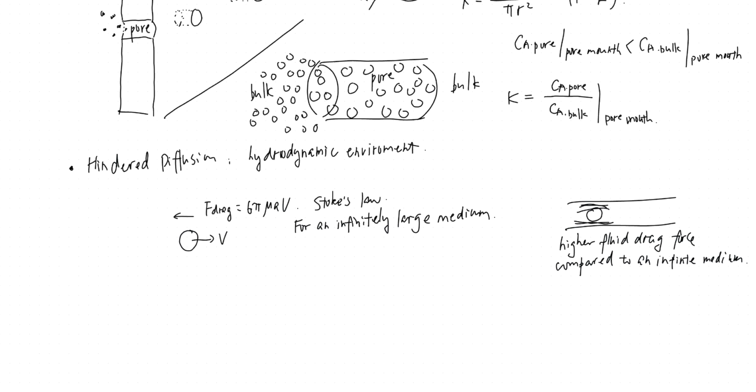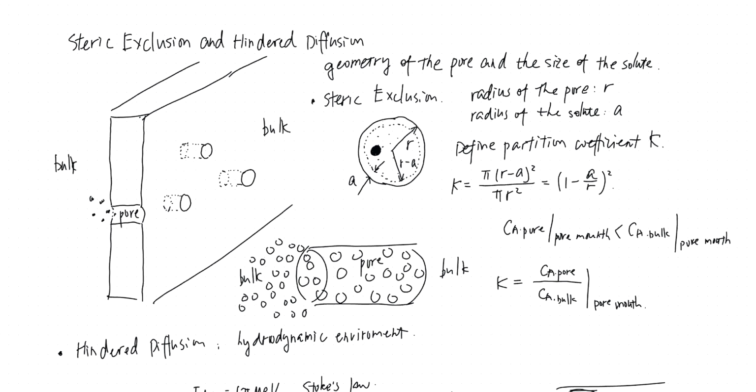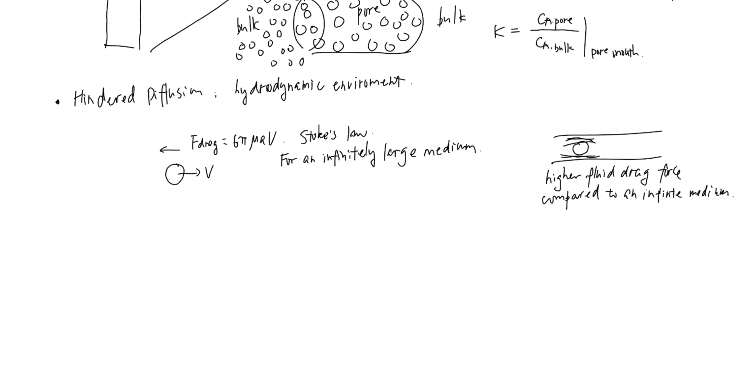Here, our goal is to let you understand there is something called the hindered effect. However, we can calculate the steric exclusion. This is something you can have a nice and short formula for. So this is what I would like to cover in this lecture about steric exclusion and hindered diffusion.